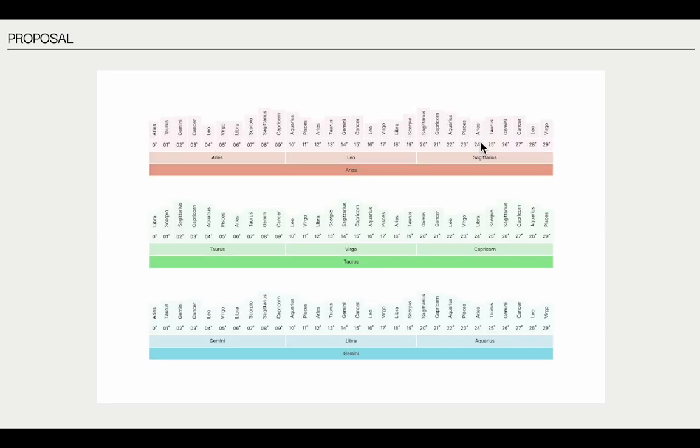And so I'm showing here what this looks like with the zodiacal allocation to each degree within the first 3 zodiac signs. So I have Aries, Taurus in the middle, Gemini at the bottom. But you can see that the zodiacal pattern continues to be applied. Here we end at the Virgo degree.